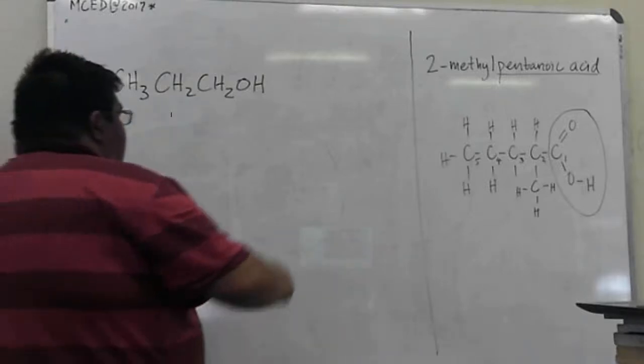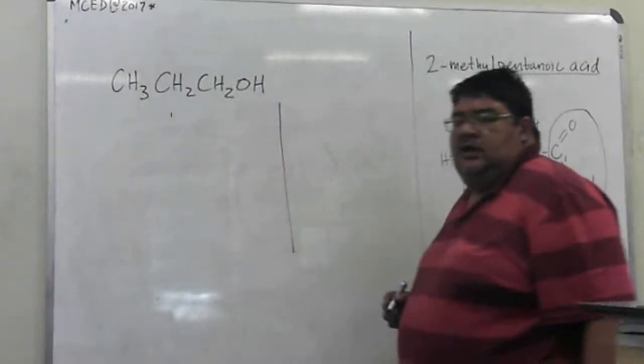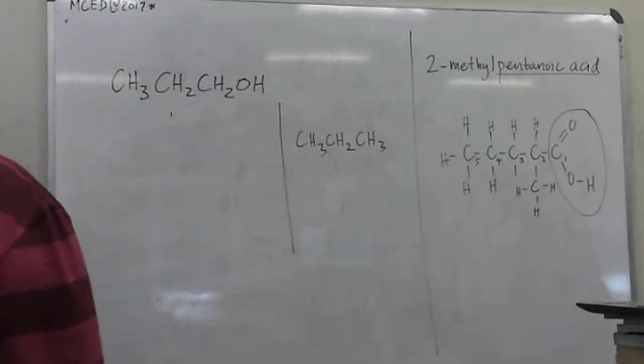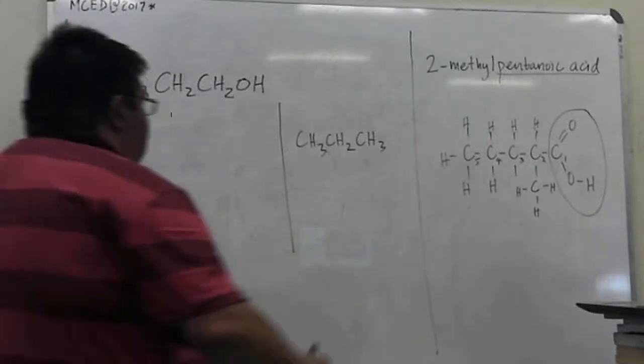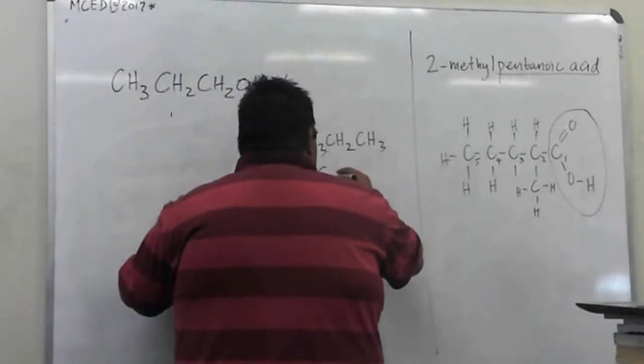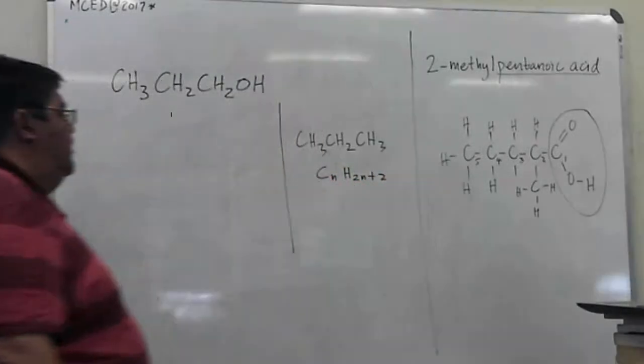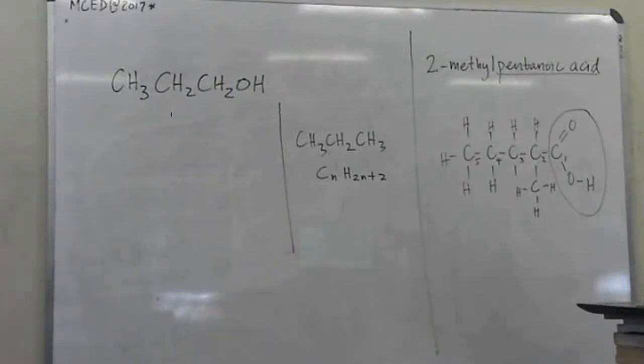Now, what I want to show you, if it's CH3, then it would have been propane, and the formula would be CnH2n plus 2. That would be the general formula of an alkane.